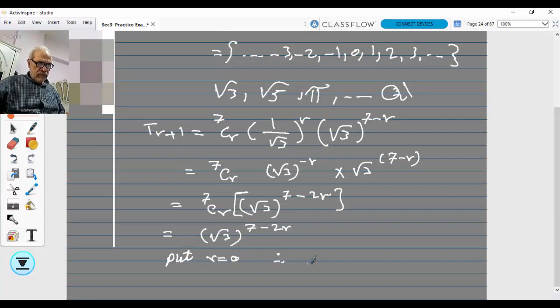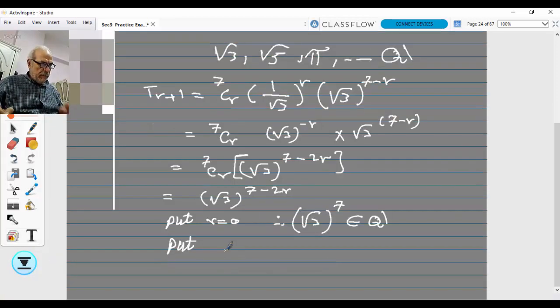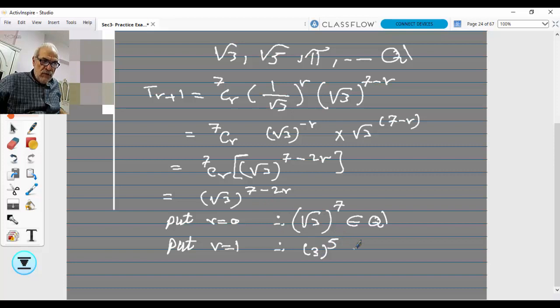So the number will be root 3 power 7, and root 3 power 7 belongs to Q dash, not an integer. Again, put R equals 1. We will get root 3 power 5, and also it belongs to Q dash, not an integer.